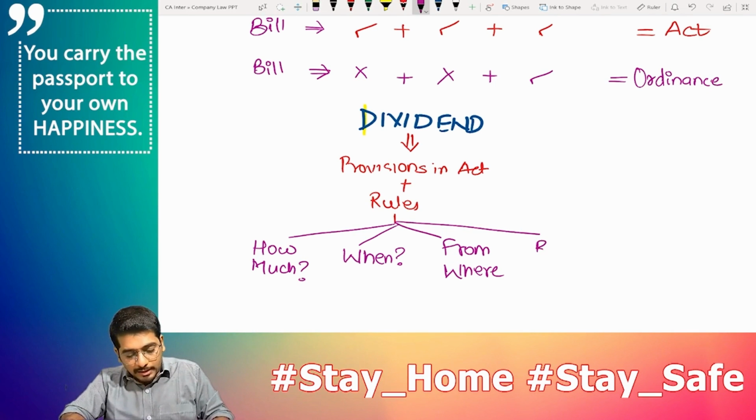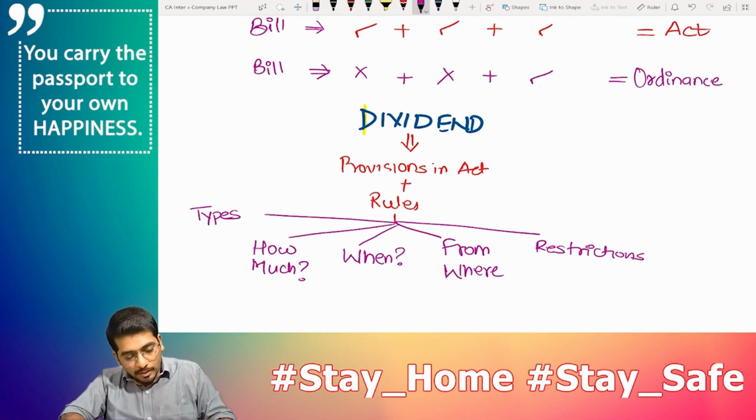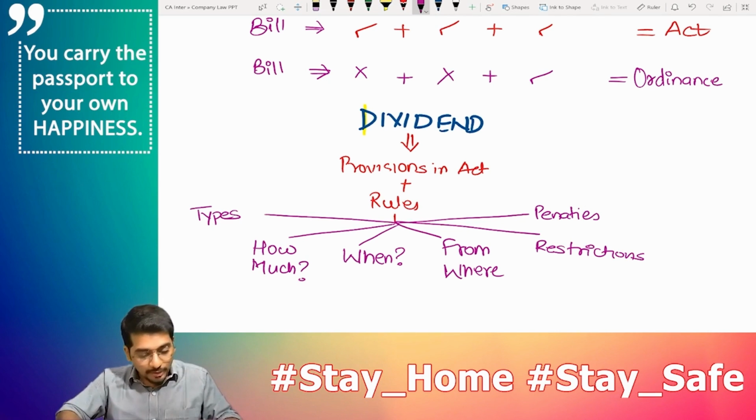Then, are there any restrictions on making the payment of dividend? What are the different types of dividend? What will be the penalties if you do not make the payment of dividend as required by the law? Understood? And many more things are there. Many more things. I'll tell you one more.